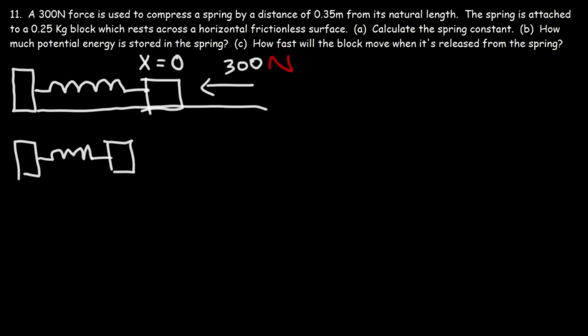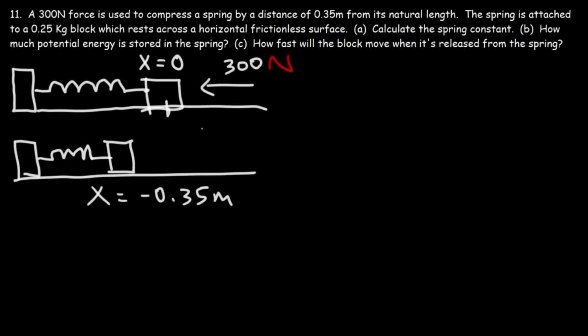So let's say it's now at this position. So it's 0.35 meters from its natural length, which means it's 0.35 meters to the left of where it was here. So we could say that x is negative 0.35 at this point, since it's to the left of the origin, so to speak.